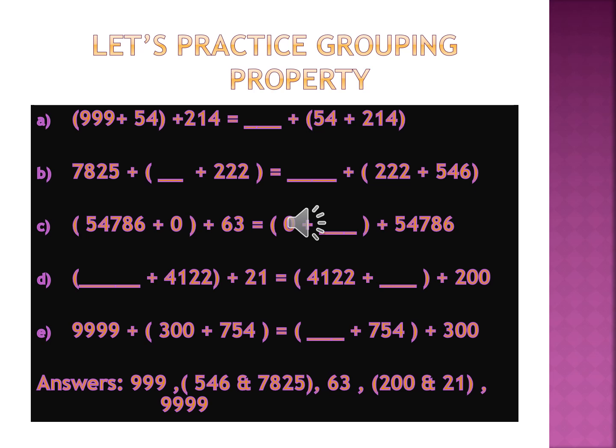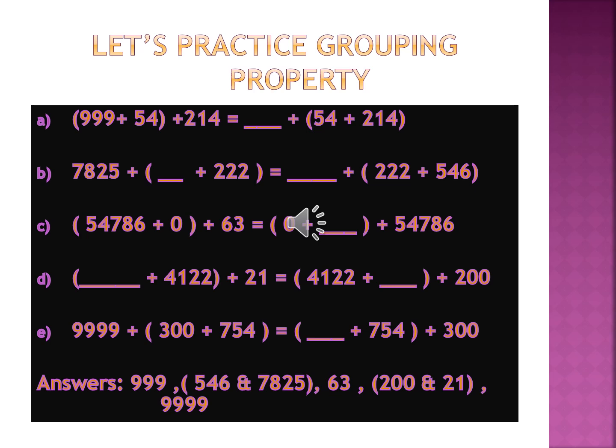Now grouping is dash and 222 is equal to dash plus 222 plus 546 grouped together. Now if you see, there are 3 different numbers: 7825, 222 and 546. Now let's start from the left hand side.